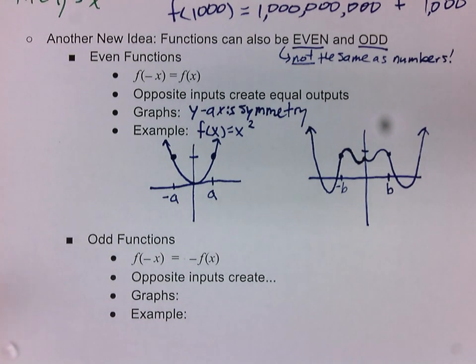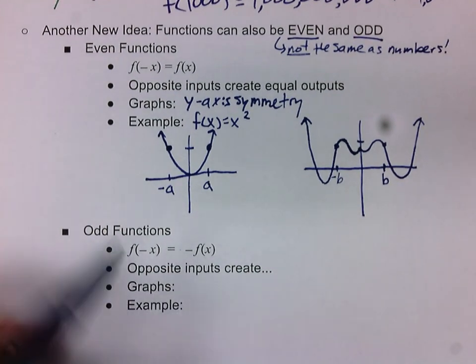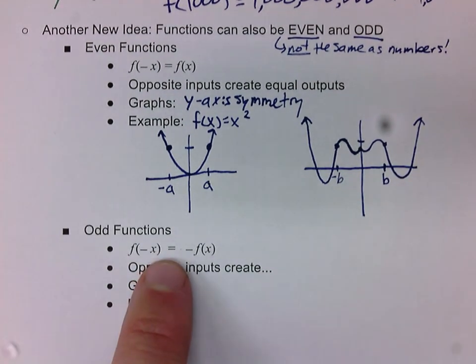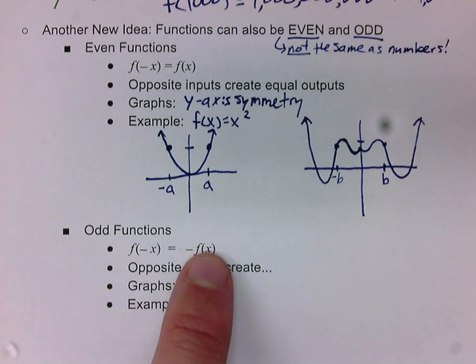Let's move on to odd functions. There's something similar about odd functions in their definition, and we'll look at it in a similar way here. This one has another definition we can use function notation for, but you'll notice it does involve opposite inputs.